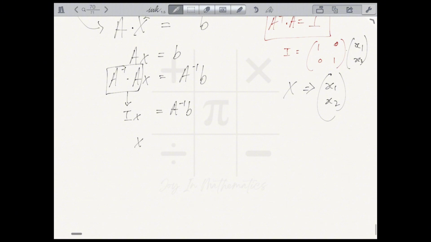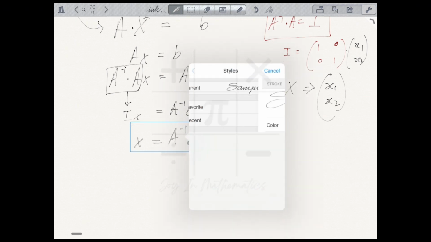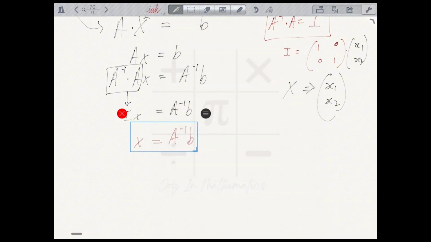So we now agree that X is equal to A inverse multiplied by B. This is what we are going to be applying when solving matrices with the inverse method. The unknown we are looking for is the inverse of the coefficient matrix multiplied by the constant.